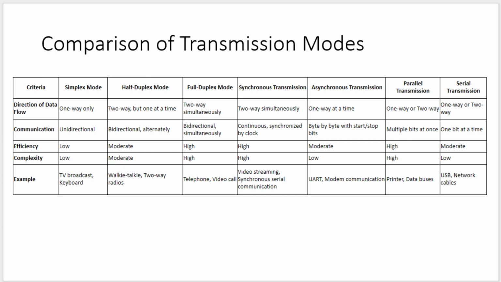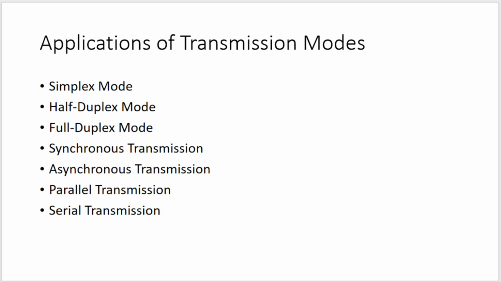Okay, we go to the next, application of transmission mode. So here are several applications of transmission mode. One is simplex mode. Simplex mode is used in applications where feedback is not required, such as broadcasting, sensors sending data to a central system, and basic data entry devices.